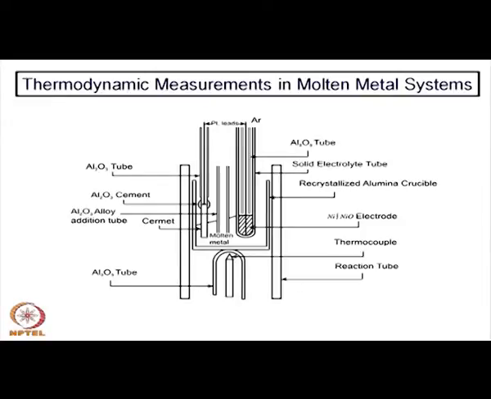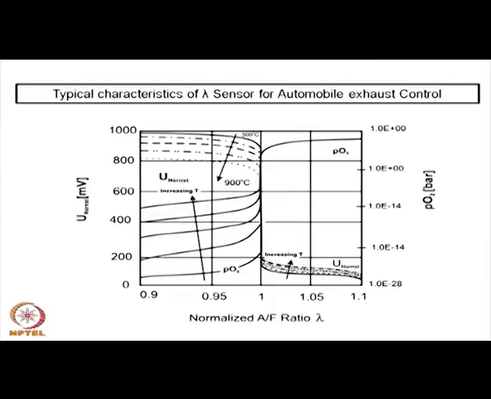Of course, one thing I forgot to mention is that along with the lambda sensor, one always uses a catalytic converter. The exhaust gas is allowed to flow through it, and it has certain catalysts, normally some noble metal catalysts, and they catalyze the remaining carbon monoxide into carbon dioxide.